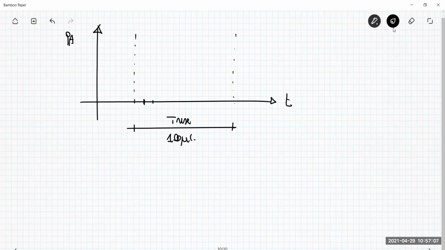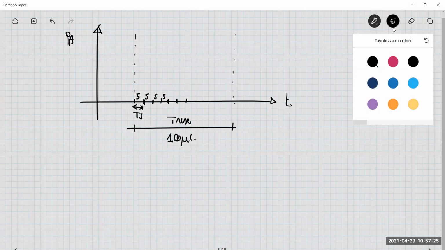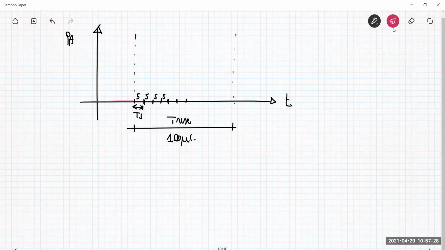I have 20 T-switch periods here, each 5 microseconds, 5, 5, 5, 5, etc. The function is 1 for the first two periods, making TA plus on for the first two periods.